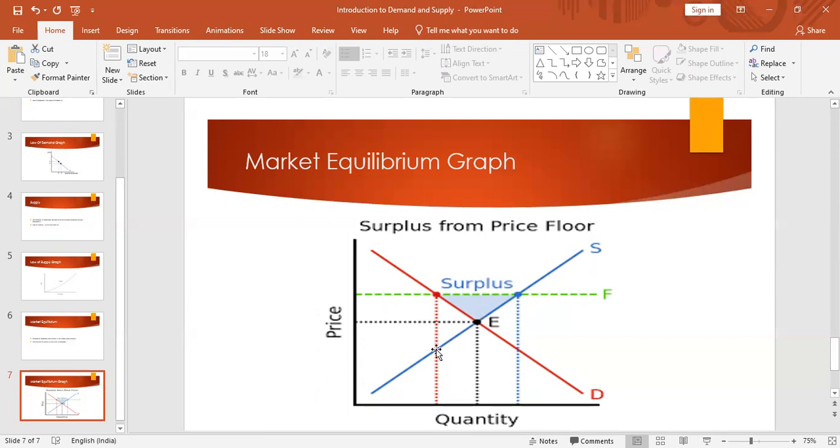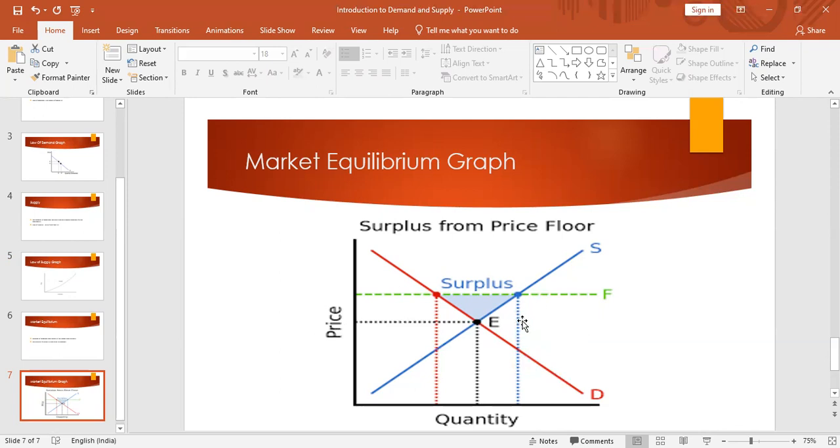But if the demand is high and the production is low, in that case there will be scarcity. Supply is low and demand is high, so there will be scarcity, and both of them are not good, so there must be a balance.